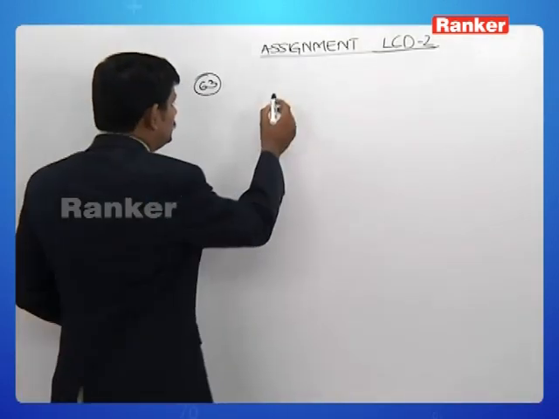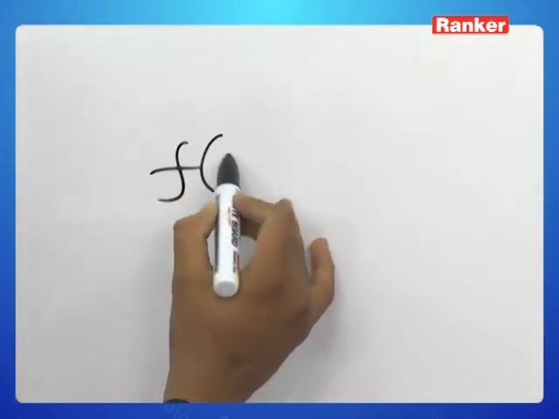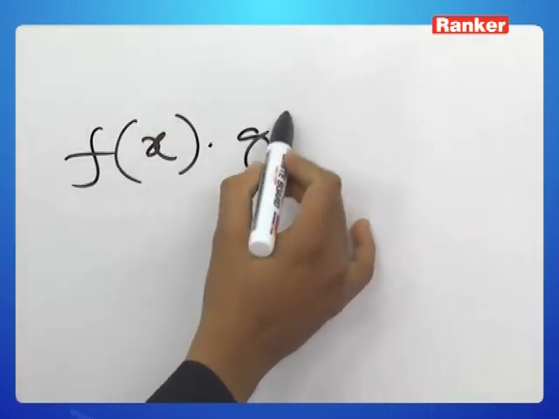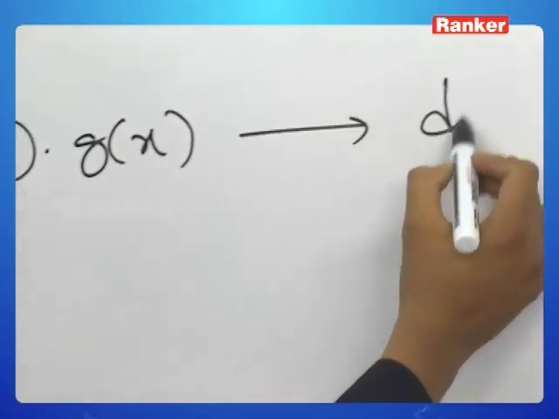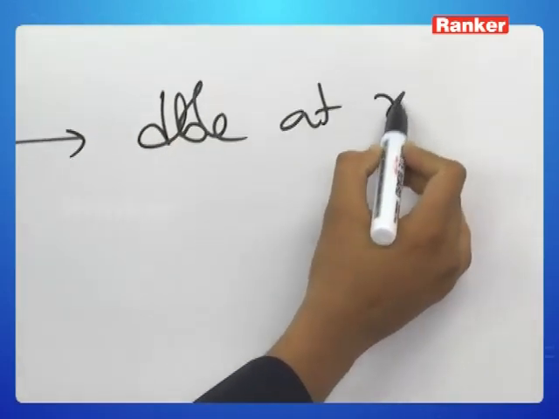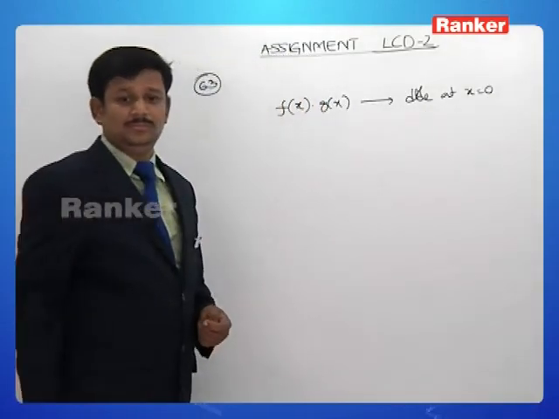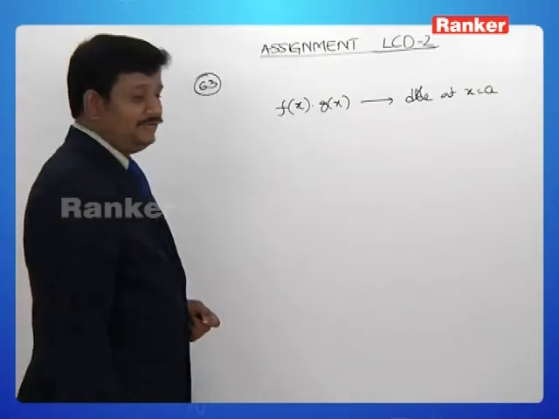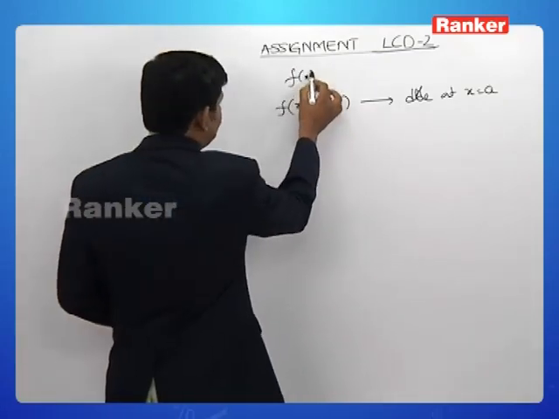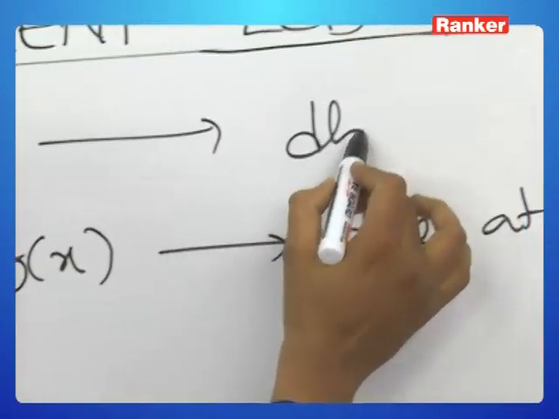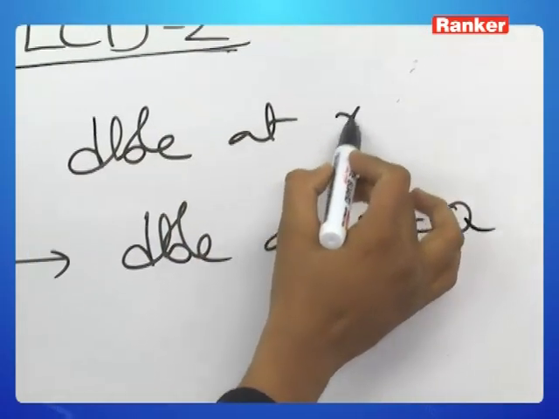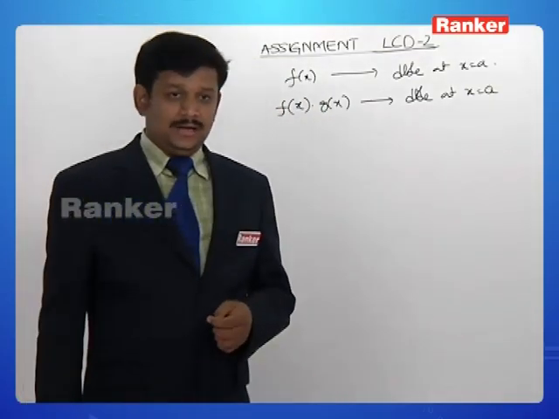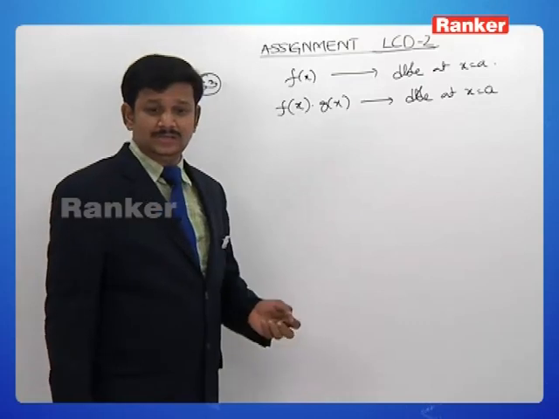So we are talking about differentiability of g of x, given that f of x into g of x is differentiable at x equal to a, and f of x is differentiable at x equal to a.